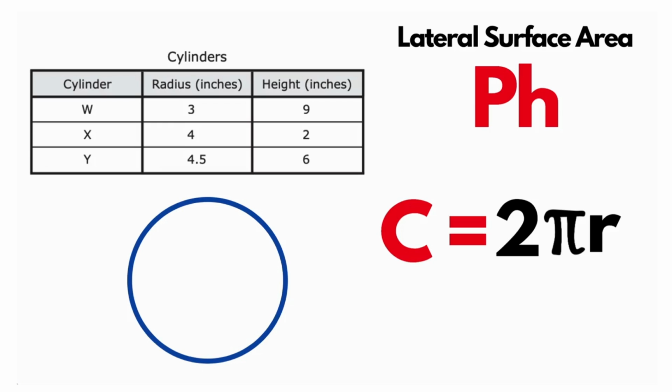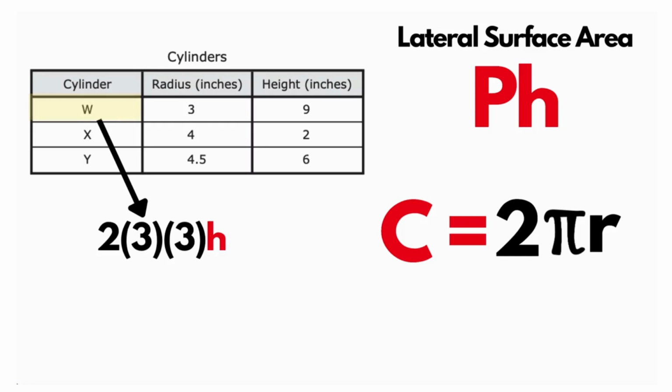So let's start and just go through each one of them one by one and find out what that capital P, perimeter of the base, is. So W would be 2 times 3 times 3, because we're going to use 3 for pi. So 2 times 3 times 3 gives us 18 times h.